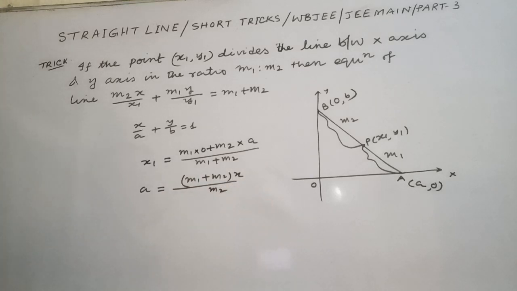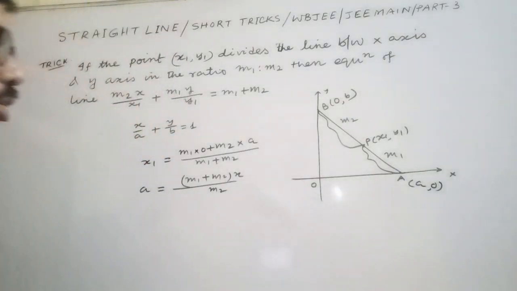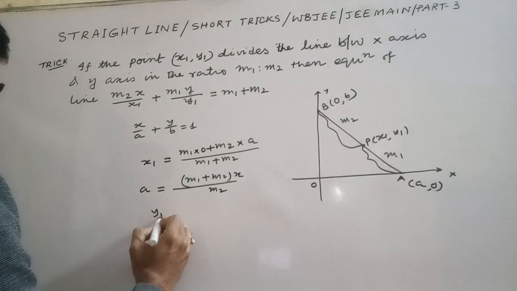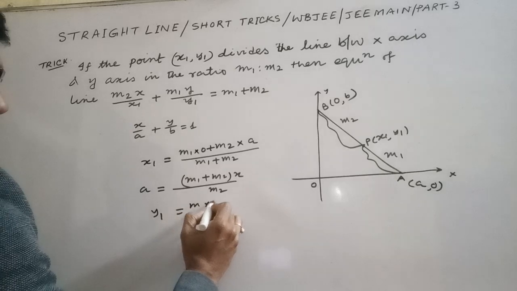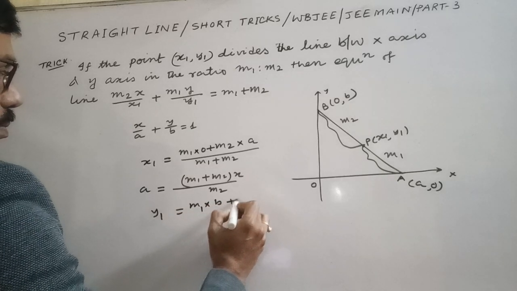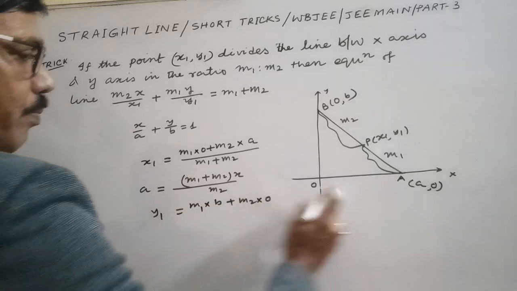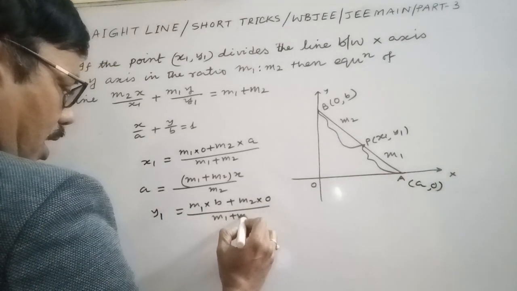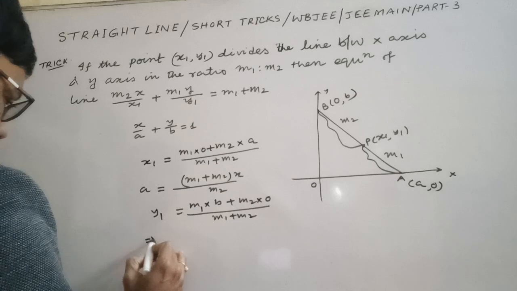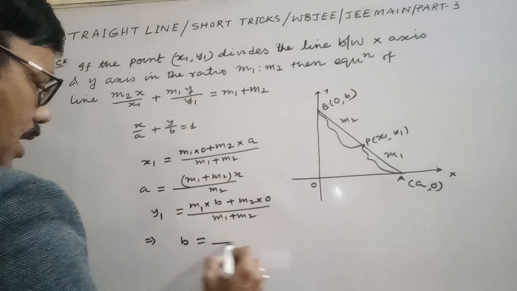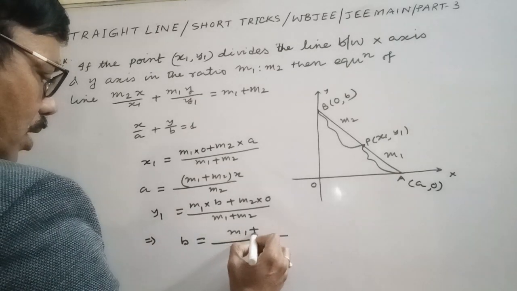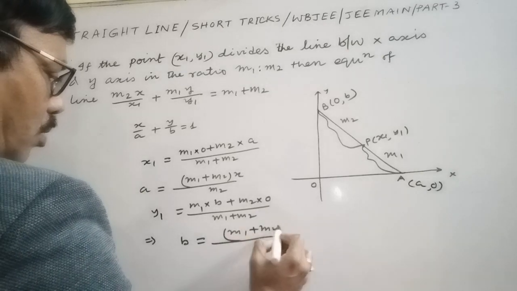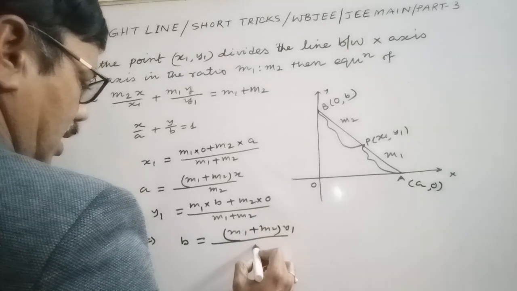We are getting a. So what is y1? y1 equals m1 into b plus m2 into 0, the y coordinate is 0, by m1 plus m2. So what is b? b is m1 plus m2 into y1 by m1.